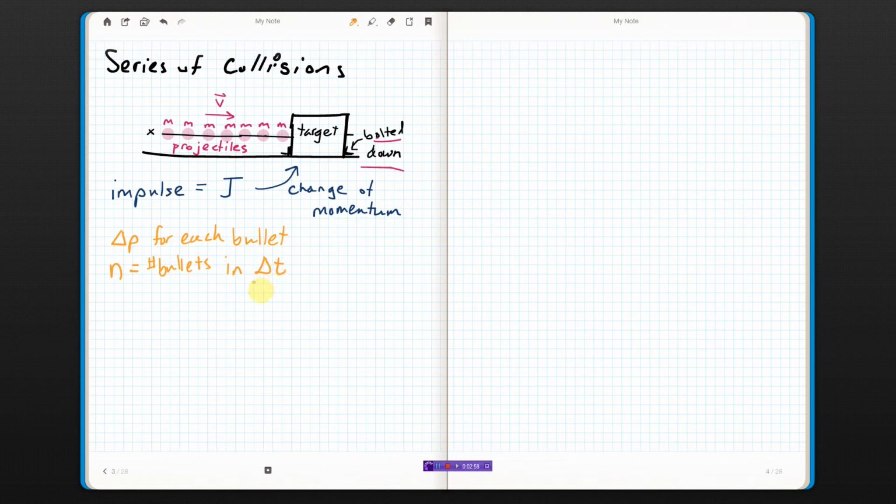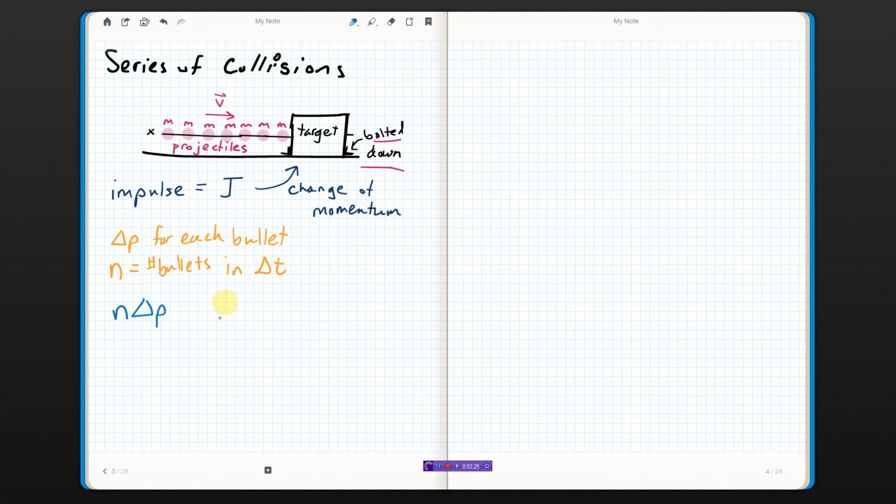Now, that means, if I put these together, then the change of momentum that's happening in an interval of time delta T would be delta P times N. Okay, because N is the number that happens, and we have delta P for every single bullet.